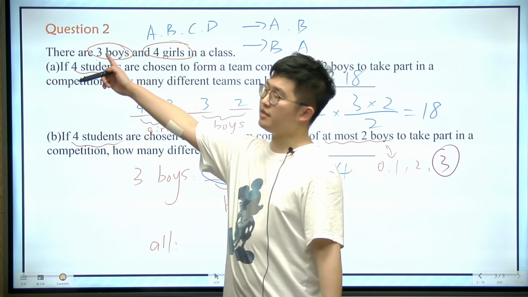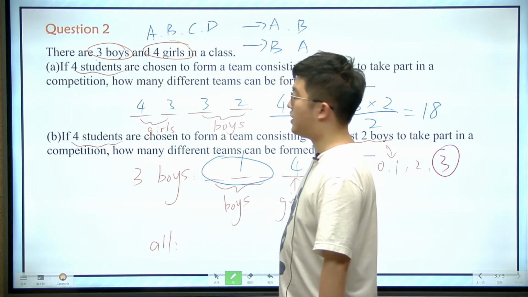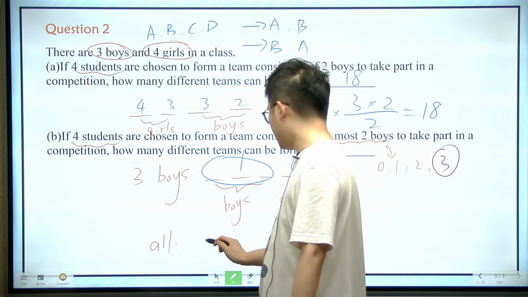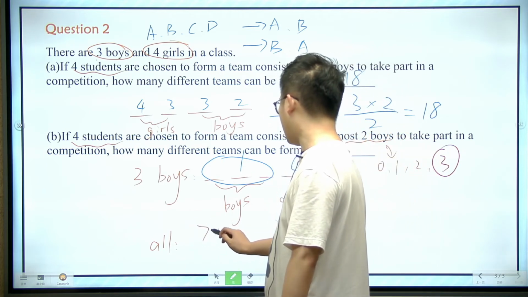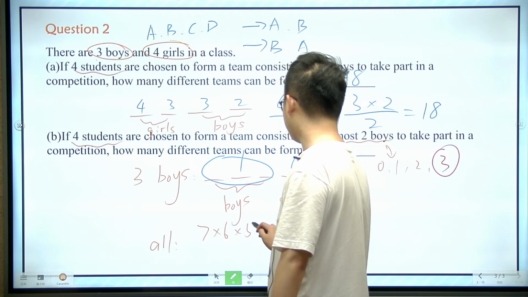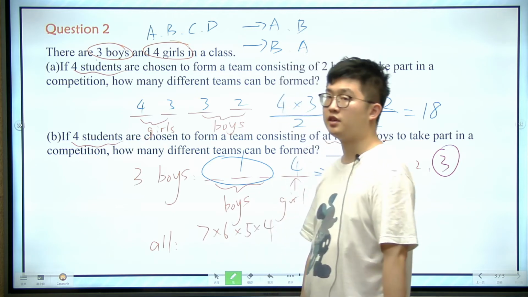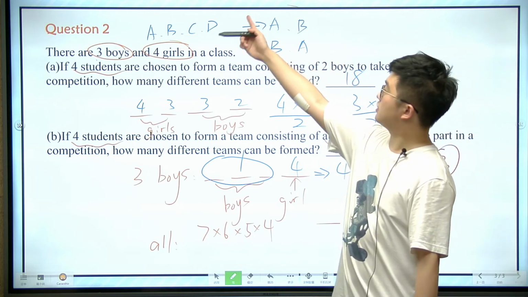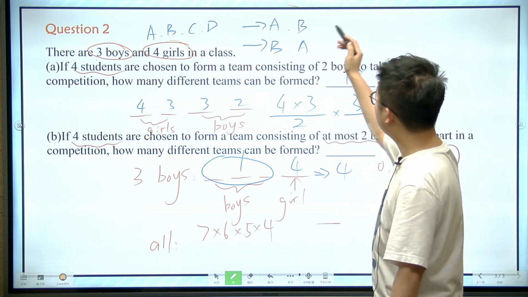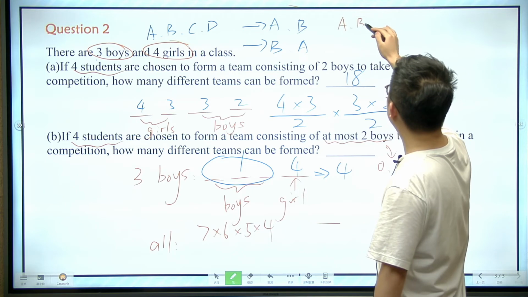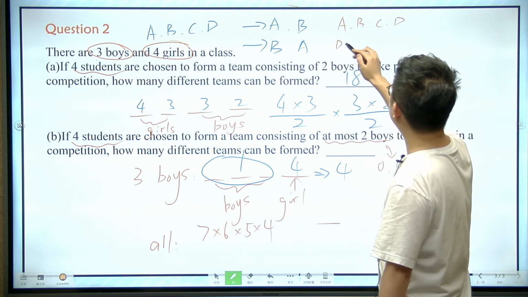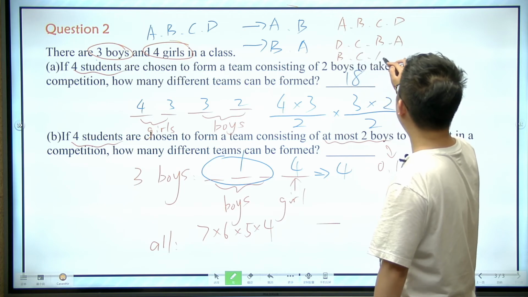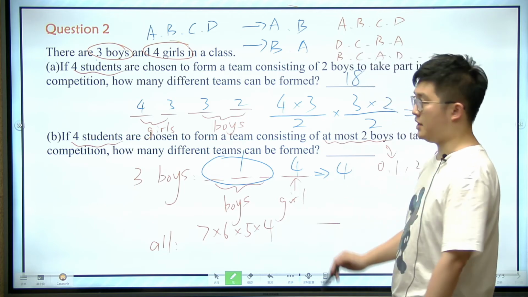There are 7 boys and girls in total. So if we choose randomly, then it would be 7 times 6 times 5 times 4. And of course, think about this: A, B, C, D is the same as D, C, B, A, and maybe B, C, A, D, and so to speak, right?